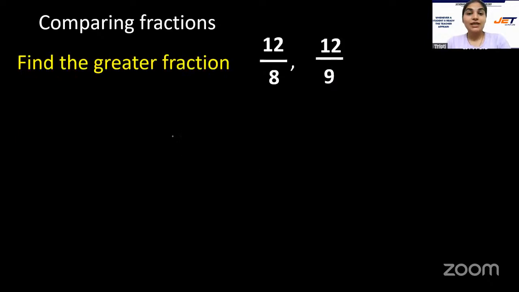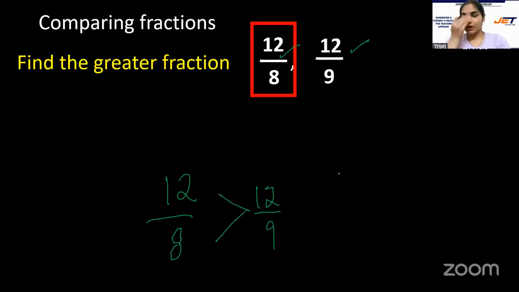So what was the thing? When the numerators are same, the fraction with smaller denominator, 8 is smaller than 9, will be the greater. I hope it's clear to you.